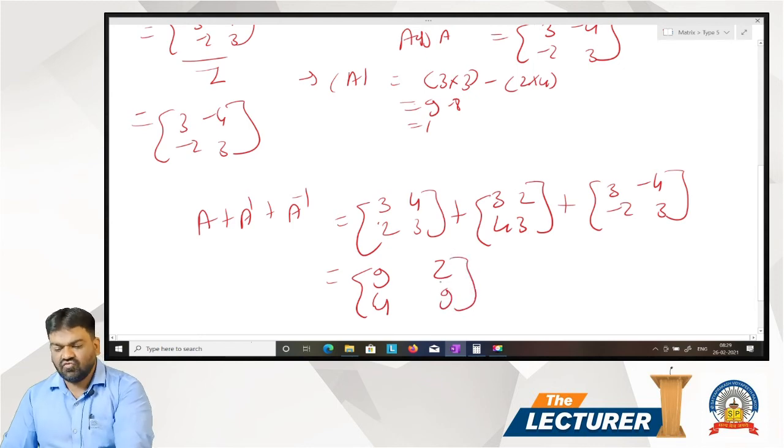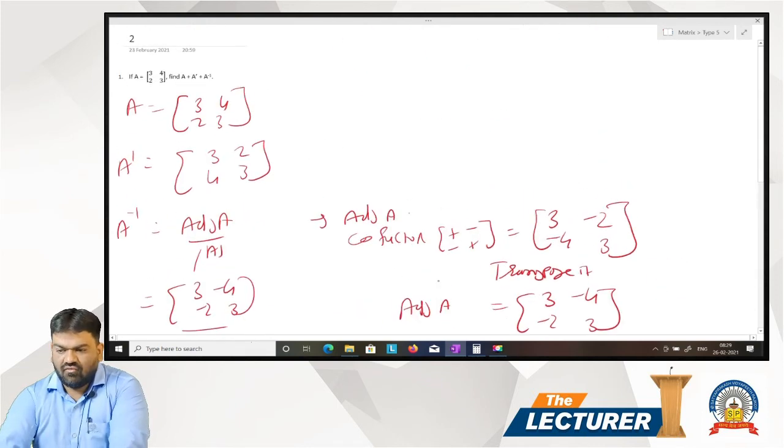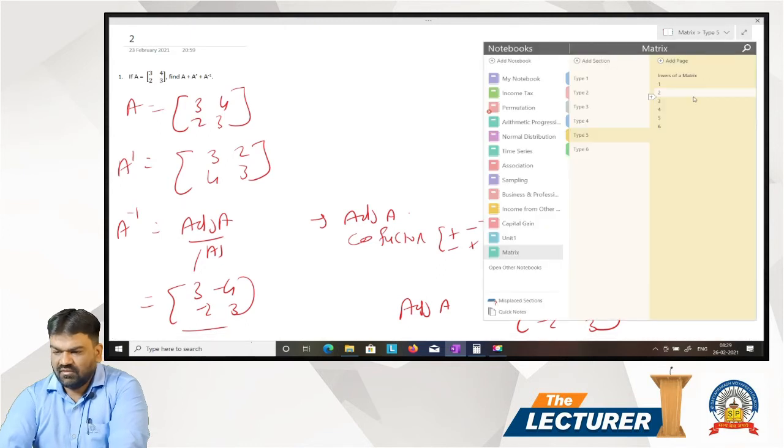This is your answer: [9 2; 4 9]. Next, example number 3.